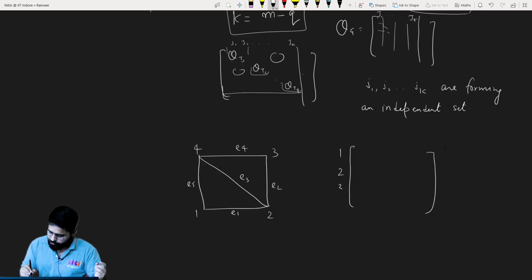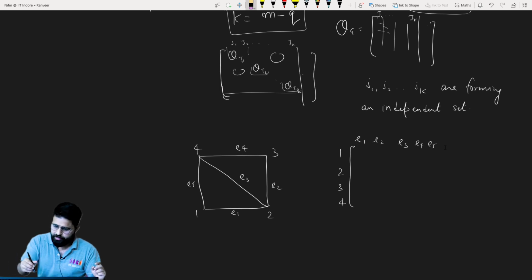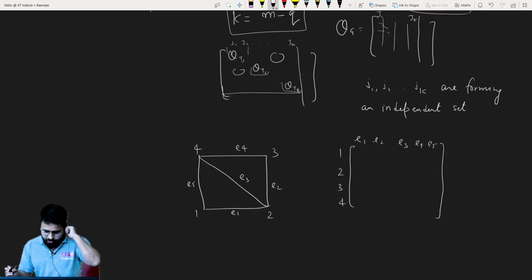So for vertices 1 2 3 4, there will be E1 E2 E3 E4 E5. E1 is falling on 1 and 2, rest is 0.